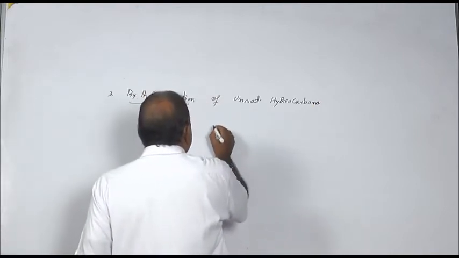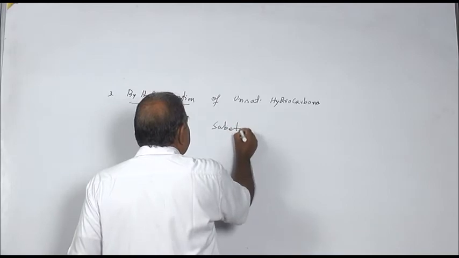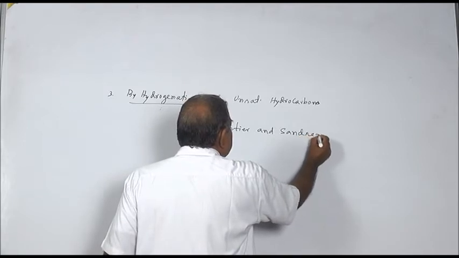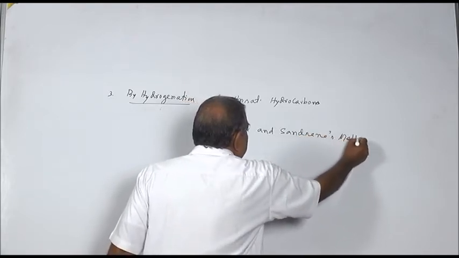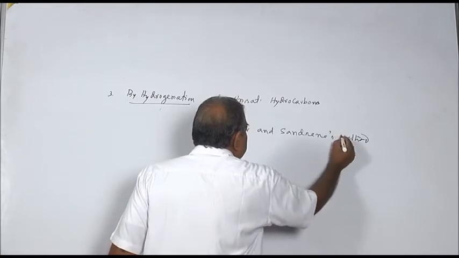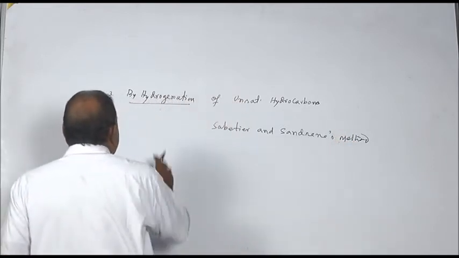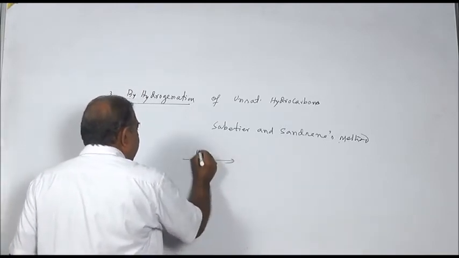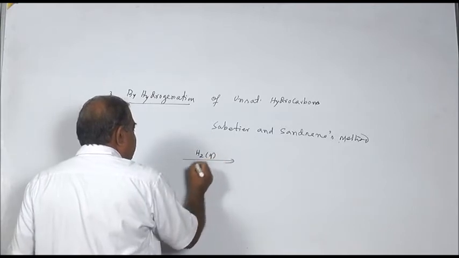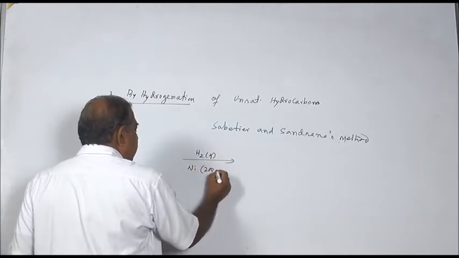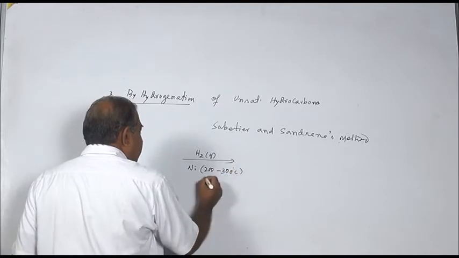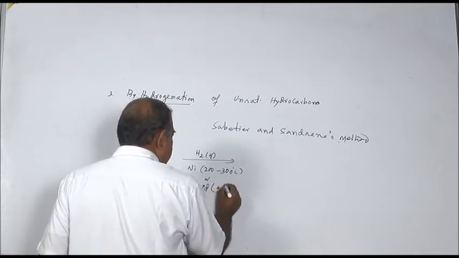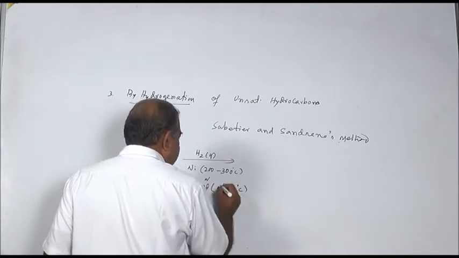This method is sometimes called Sabatier and Sanderens' method. Here an alkene or alkyne is treated with a current of hydrogen gas in presence of nickel catalyst between 200 to 300 degrees centigrade, or you can take platinum or palladium as catalyst at, say, 25 degrees; a low temperature is sufficient.